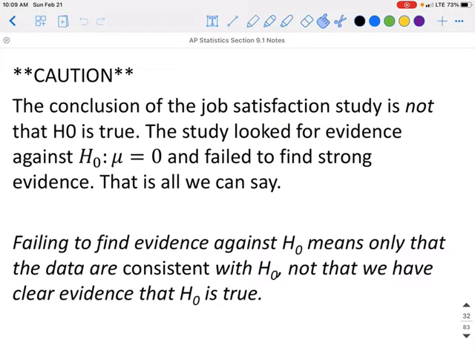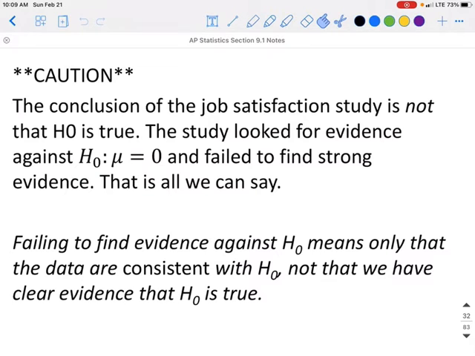So the conclusion of the job satisfaction study is not saying that H sub 0 is true. The study looked at evidence against the null hypothesis. So we're not saying that the null hypothesis is innocent or that it's correct. We're saying we can't reject it.